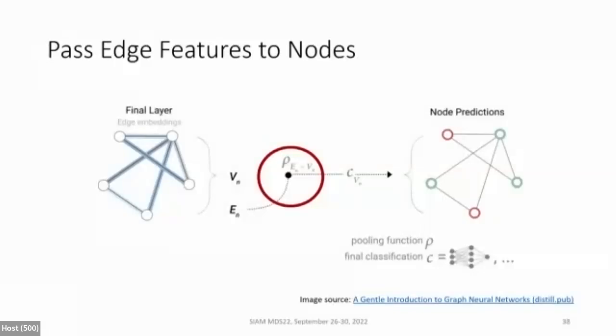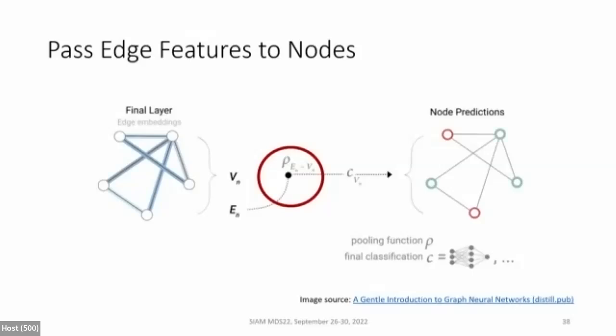So then the question is, depending on what type of features or attributes we have, by using message passing we can pass features from nodes to edges and from edges to nodes.